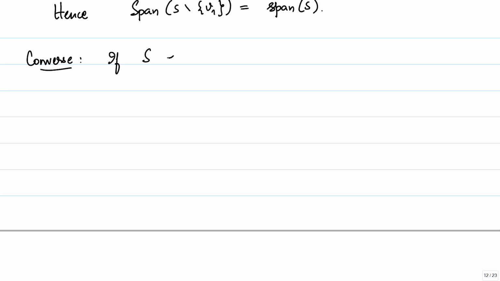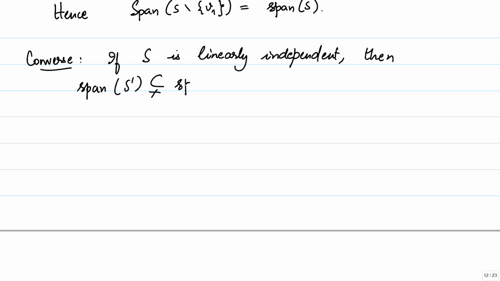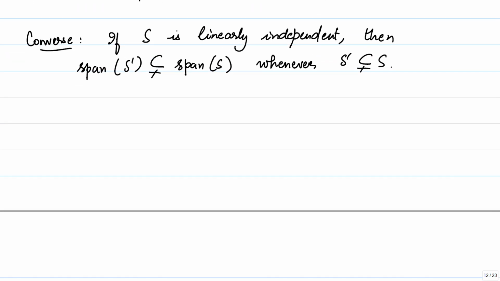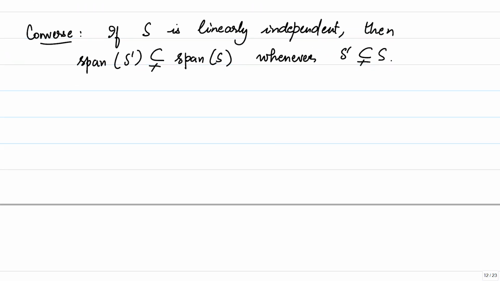If S is linearly independent, then span of S prime is strictly contained in span of S whenever S prime is strictly contained in S. So, the assumption is that S is linearly independent. So, let us start with some subset S prime which is strictly contained in capital S.